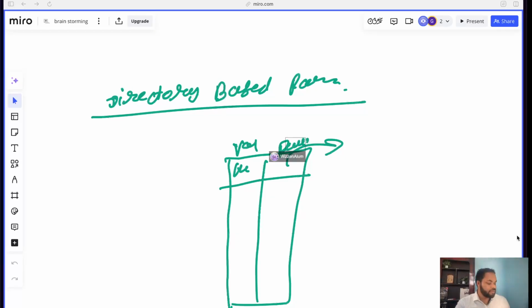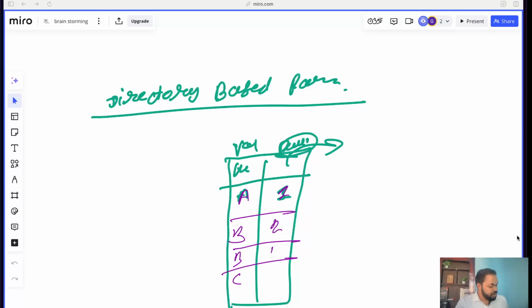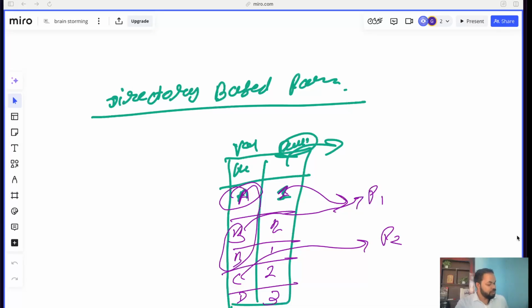Let me make this A and 1, B and 1, C and 2, and D and 3. So it is saying the data related to A and B will be stored in partition 1, data related to C will be stored in partition 2, and data related to D will be stored in partition 3.